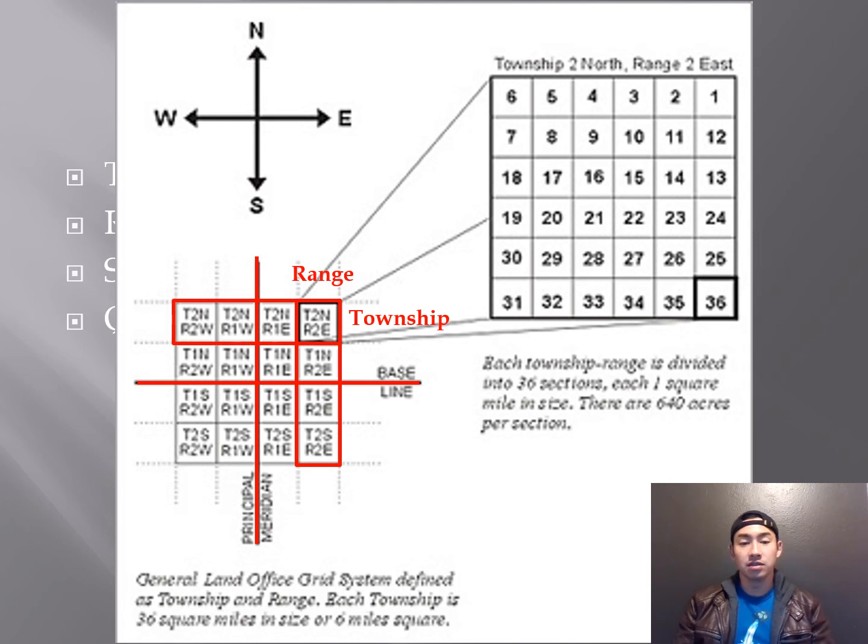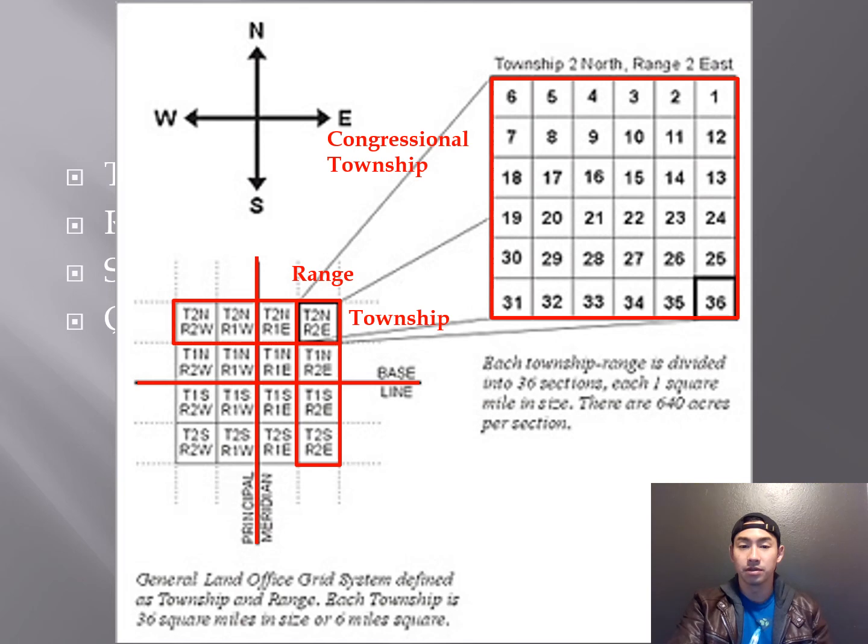To the top of the baseline, we have township represented with north. To the south, to the bottom of the baseline, we have township represented with south. The right of the principal meridian is east, left is west. Where our township and range intersect, we have a congressional township that is broken out into 36 individual sections.